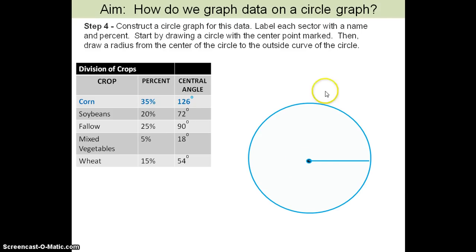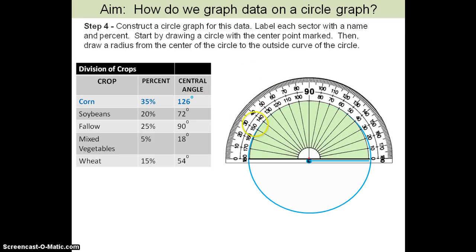Now I need to measure the first central angle of 126 degrees. You do this by placing your protractor on the circle. The center of the circle needs to be in the center marker on your protractor. Make sure it is lined up level with the baseline that's pointing to 0.